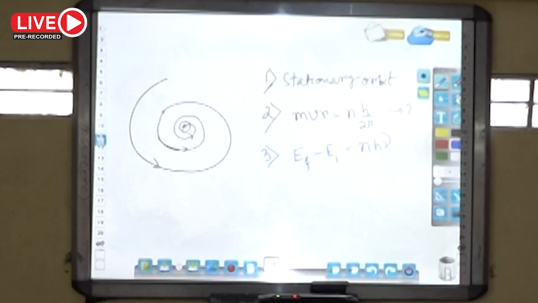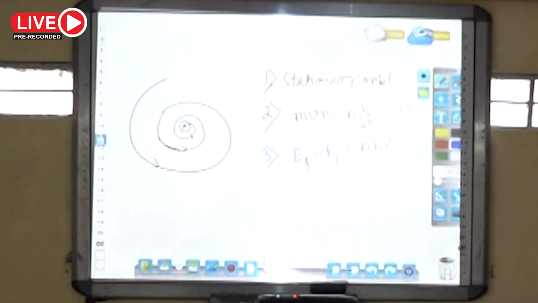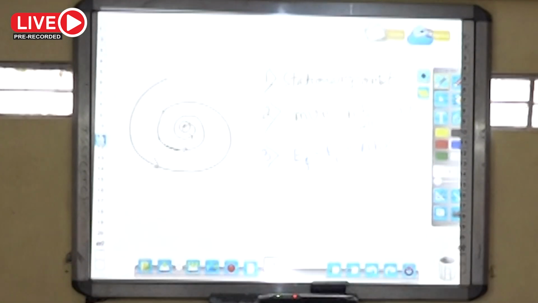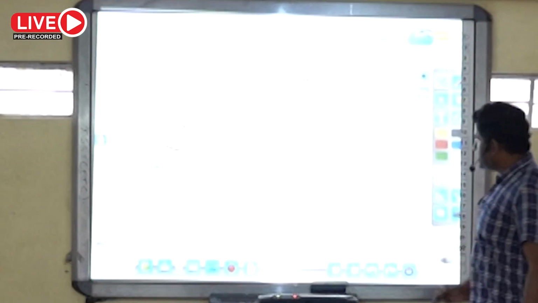That was also influenced by de Broglie's wave, that is, the matter wave. Bohr thought that inside the atom, electrons probably behave like a wave, not like a particle. So we can associate a matter wave, as predicted by de Broglie, with the electron when the electron is revolving inside the atom.